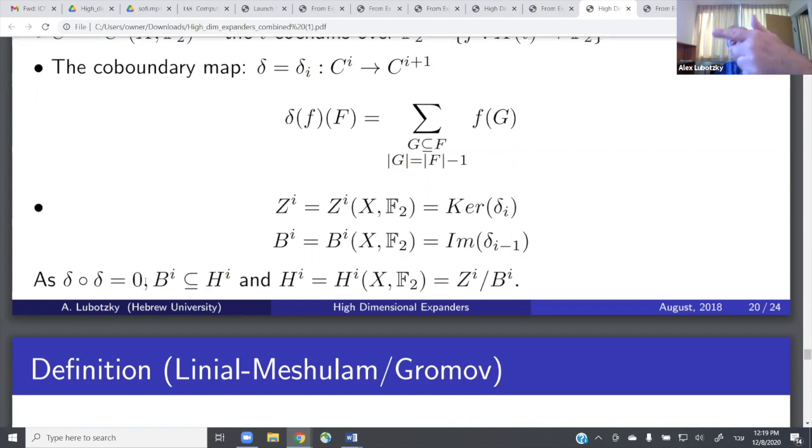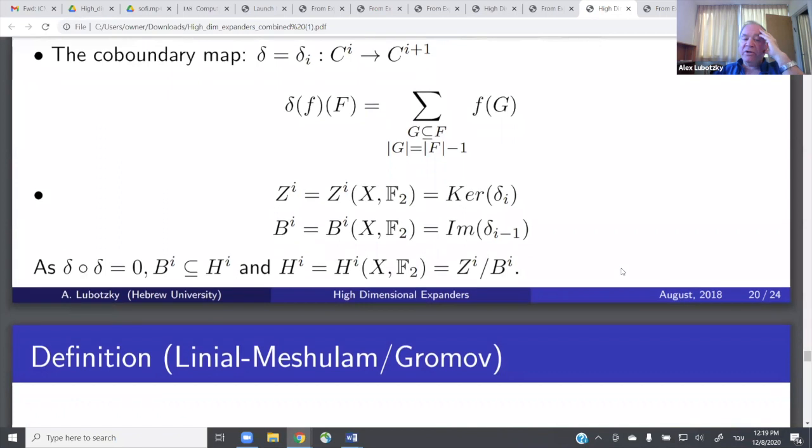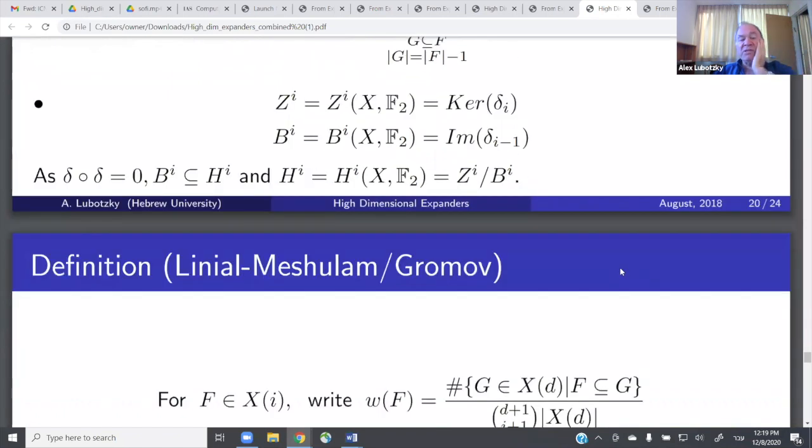If delta after delta is 0, it means that the image of what came from lower dimension is inside the kernel of the next map. So Bi is inside Zi, and Hi is simply the quotient, and this is called the cohomology group of X over F2. So this is F2 subspaces defined like that.